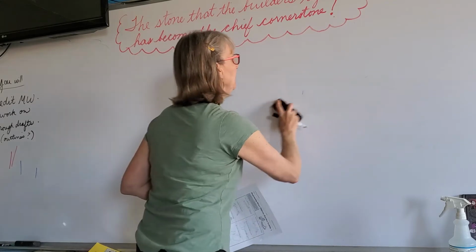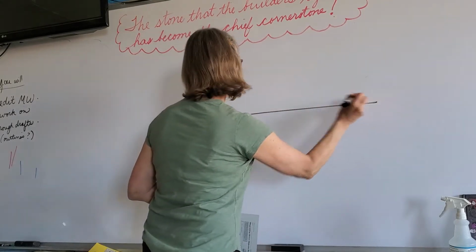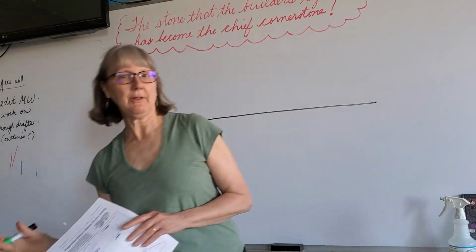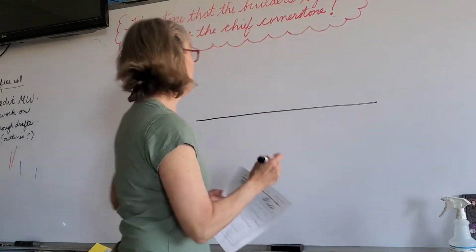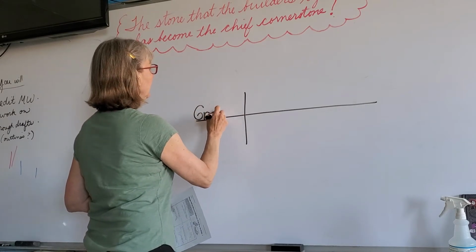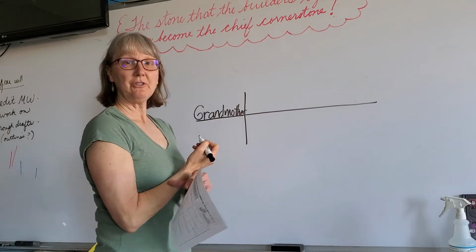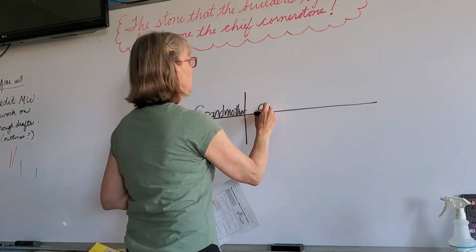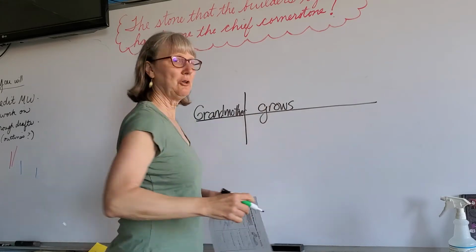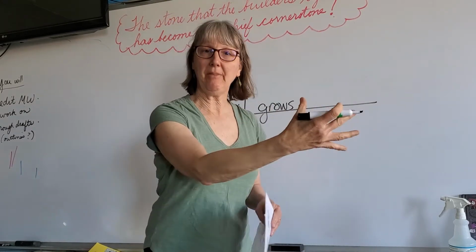Grandmother grows beautiful flowers. So we split after grandmother. What does grandmother do? What's the action verb? She grows. Now, she does not grow herself. She's not growing up. She grows something. What does she grow?